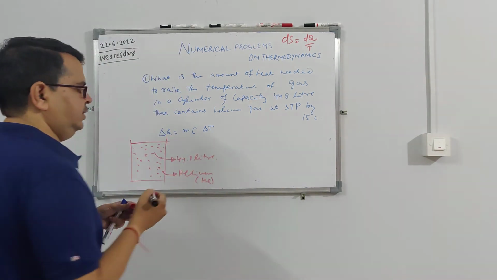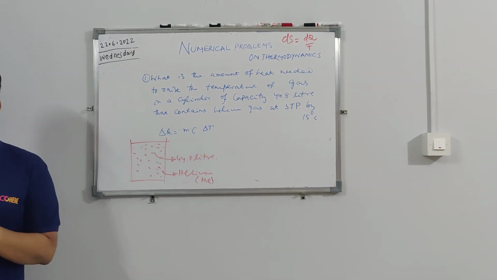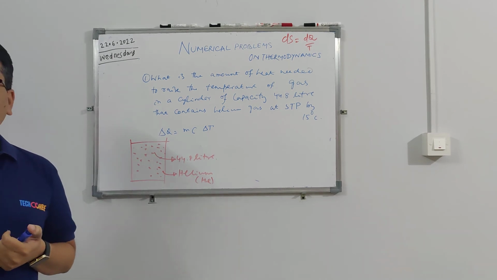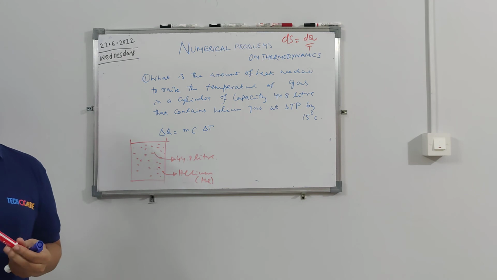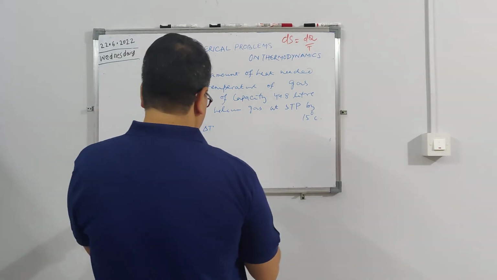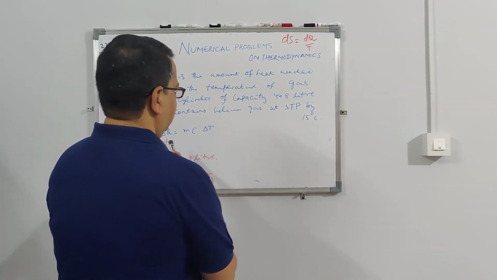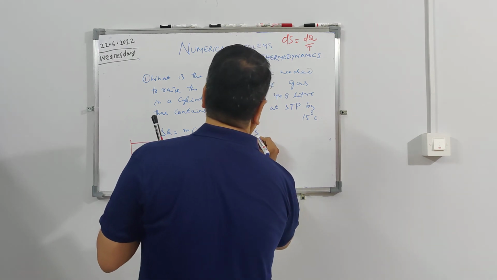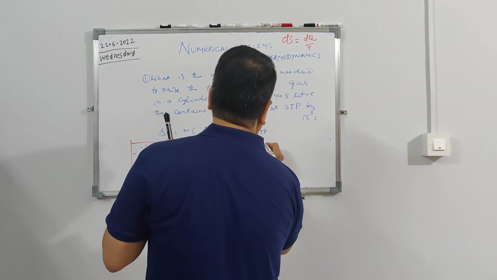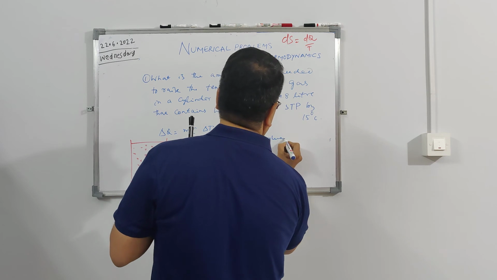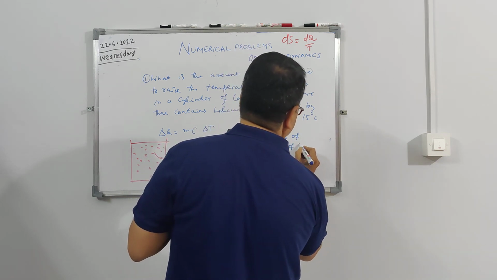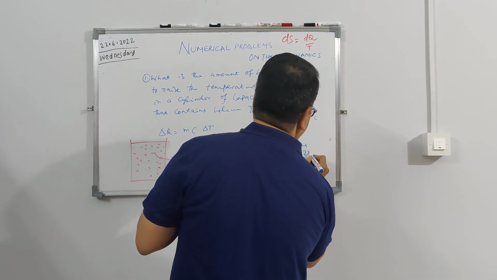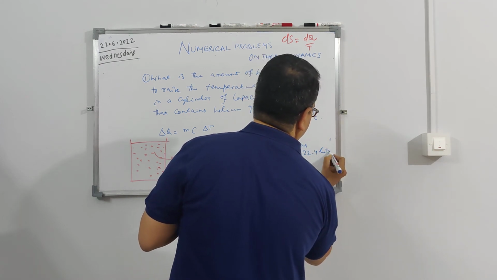At standard temperature and pressure, the volume of 1 mole of gas is equal to 22.4 liter, right?